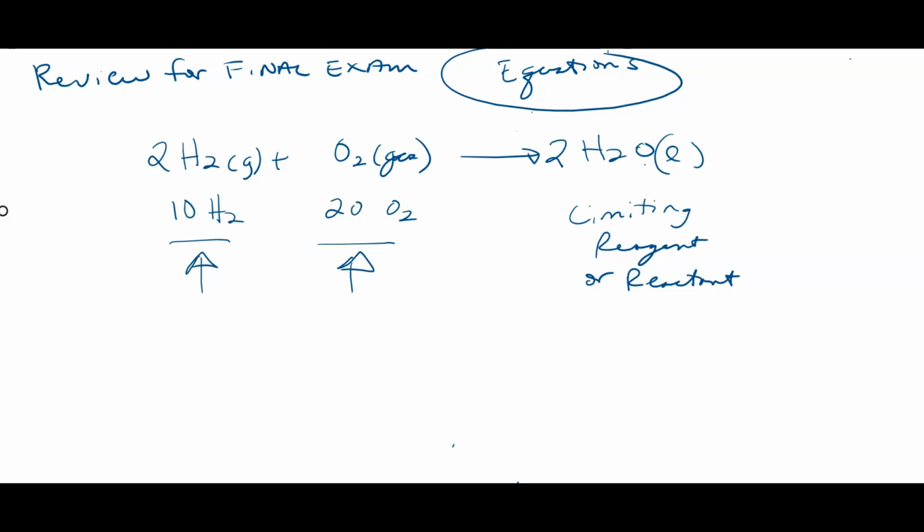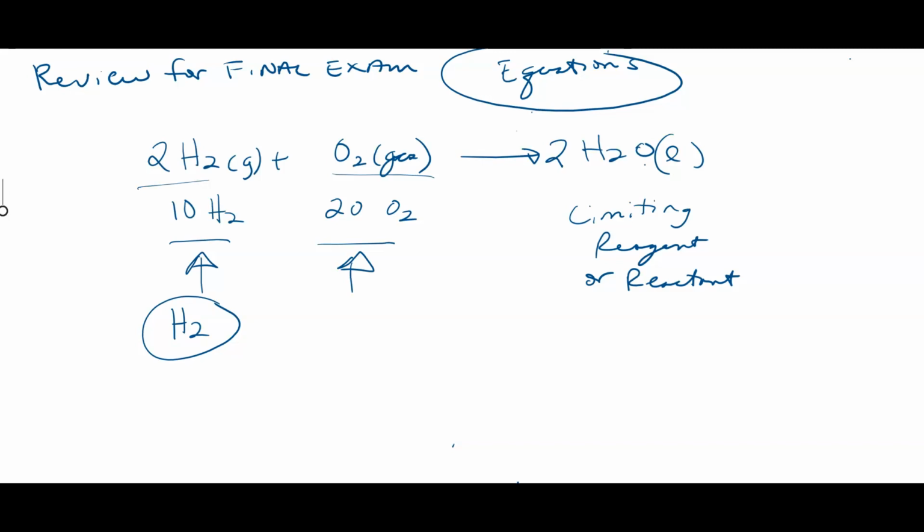So if I look at it, I need twice as many H's as I need oxygens. And I have the opposite in this problem. I have lots of oxygen and I have very little hydrogen. So my limiting in this is going to be the hydrogen. This guy is my limiting reagent or reactant because it's keeping me from making enough water.